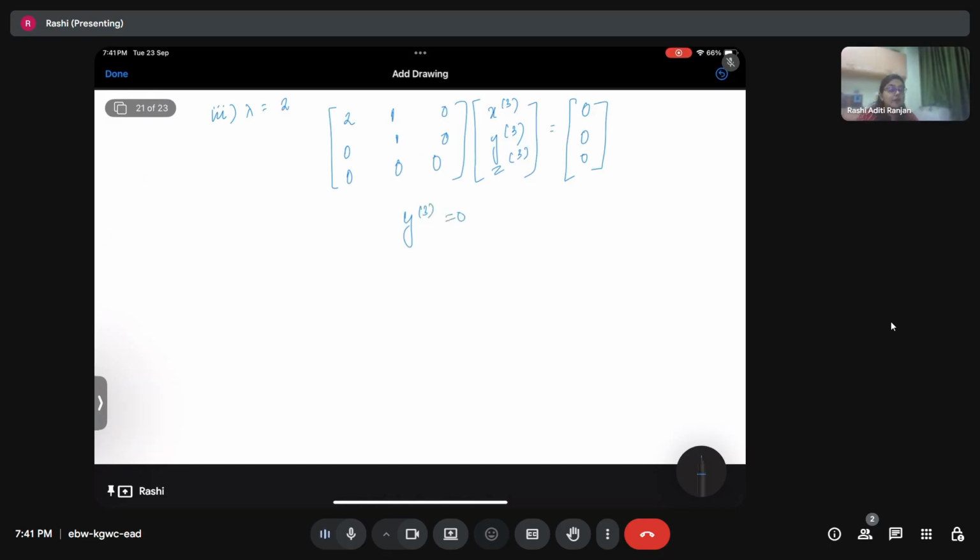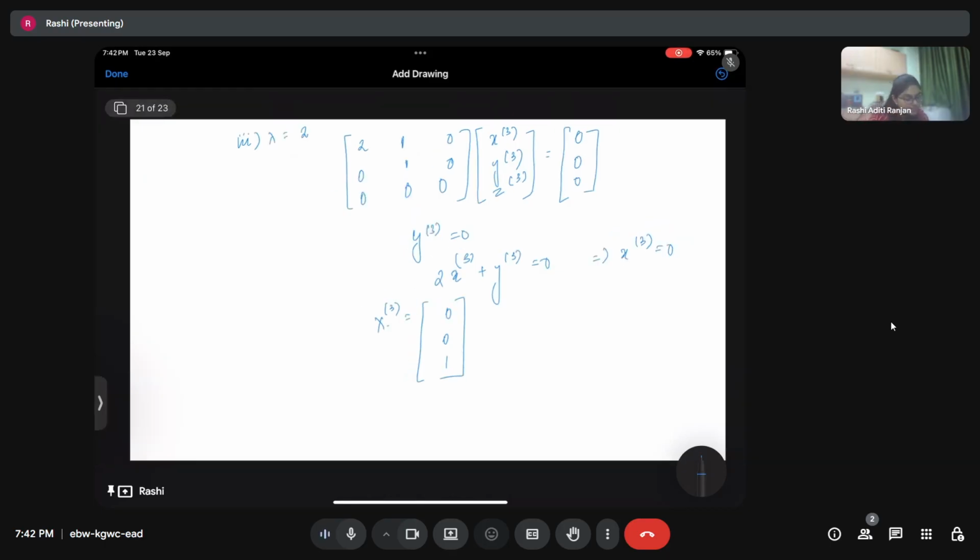And since y of 3 is 0, we have twice of x of 3 plus y of 3 as 0. So if y of 3 is 0, x of 3 is also going to be equal to 0. And thus only z of 3 can have any value. So x3 is going to be 0, 0, 1. So these are the three eigenvalues and the eigenvectors.